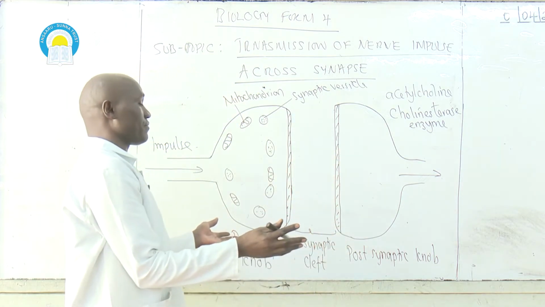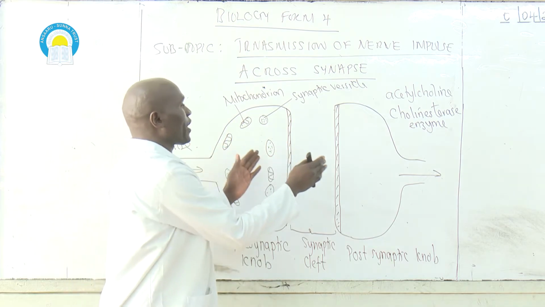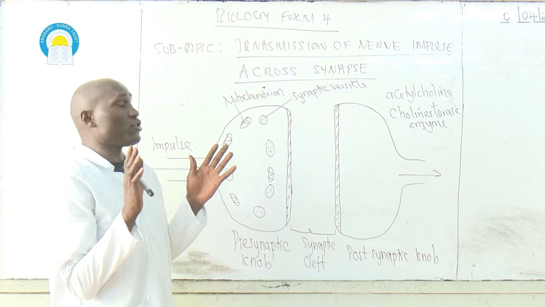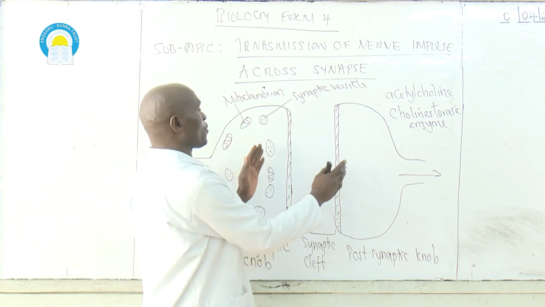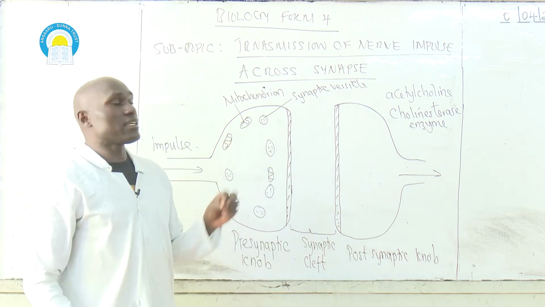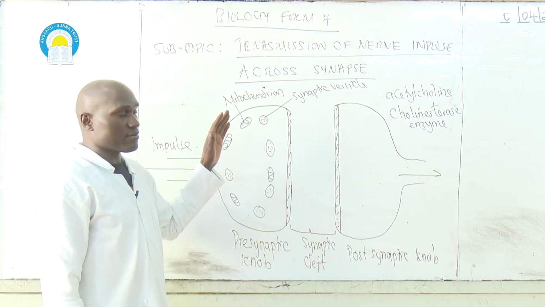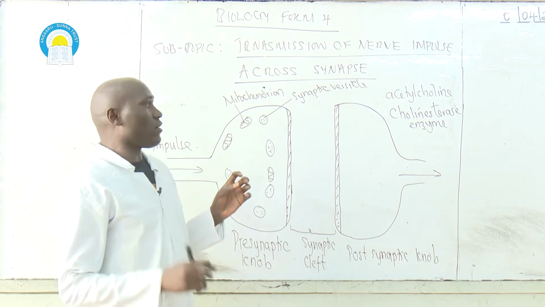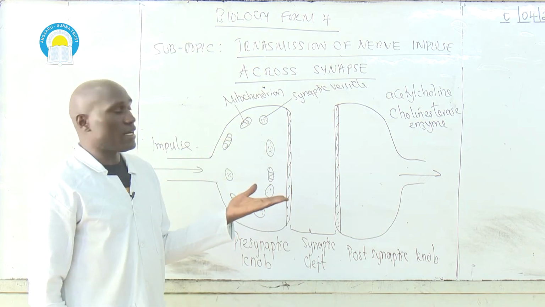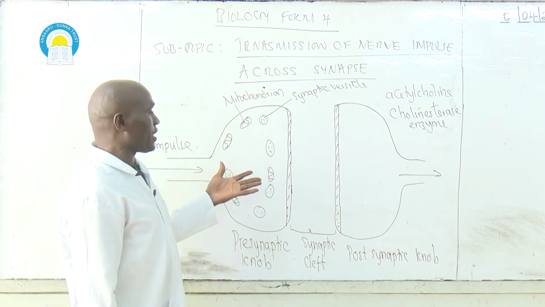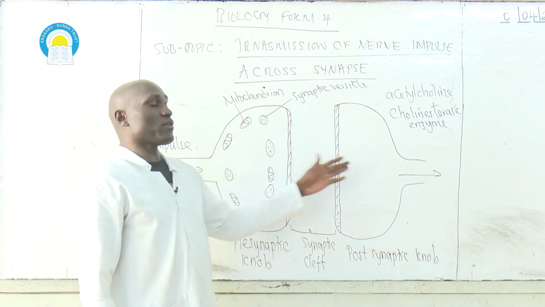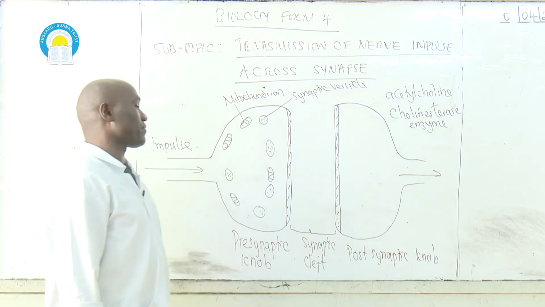So in summary, a point where the terminal ends of dendrites of two different neurons come into close contact with one another, we call that synapse. The swollen terminal ends of dendrites are called knobs.